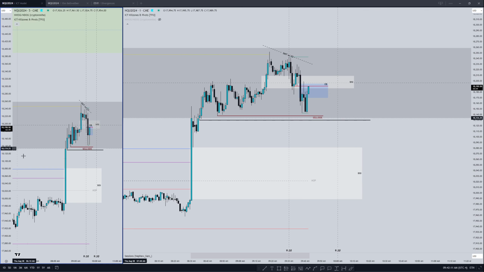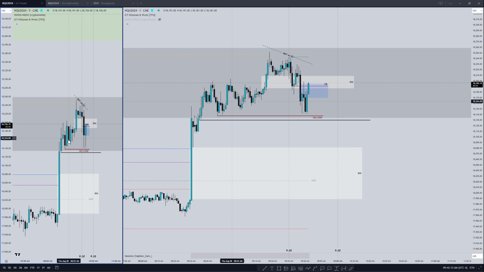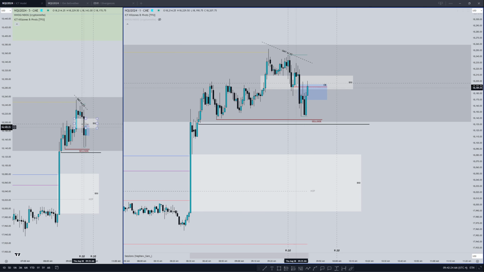So look for how we react off this 5-minute inefficiency. We can get down to it. We do have this order block in here. Obviously the 5-minute inversion gap too.